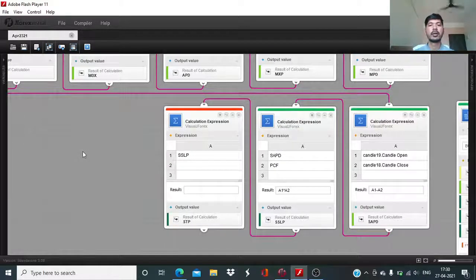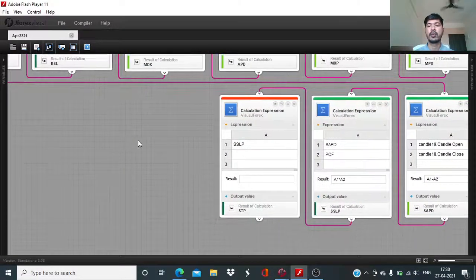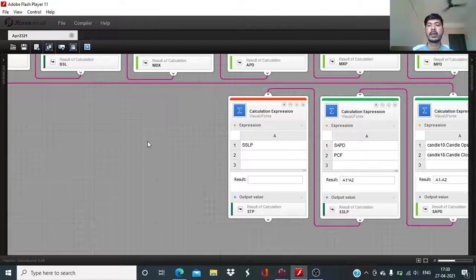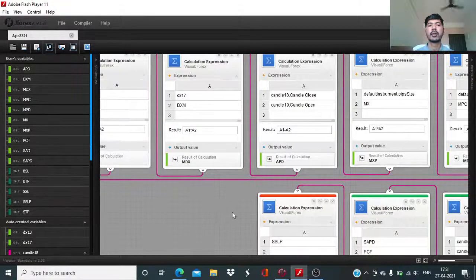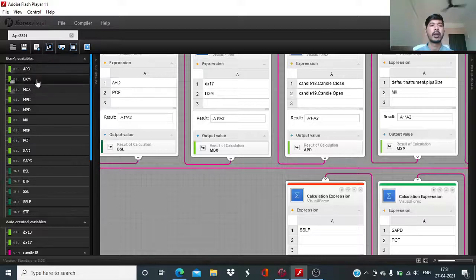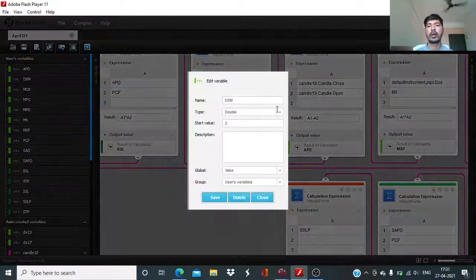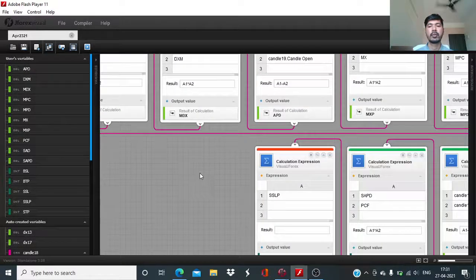Alright, now here we had a variable with a value of 2. I think this is it, dxm.